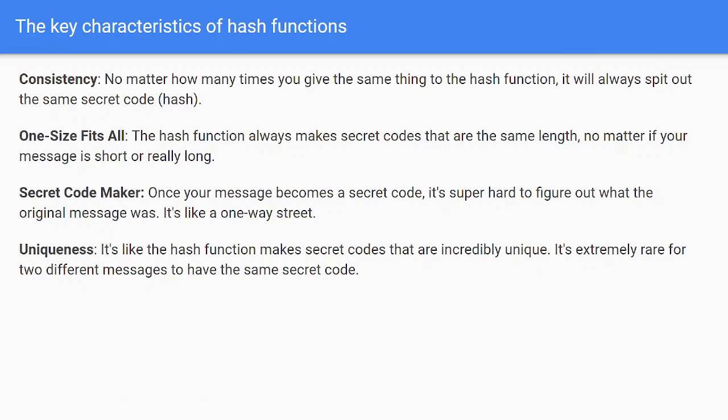Once your message becomes a secret code, it is super hard to figure out what the original was. It's more like a one-way street. You can make a hash value of something, you can create a hash for something, but it's difficult to go from the hash value back to the original.